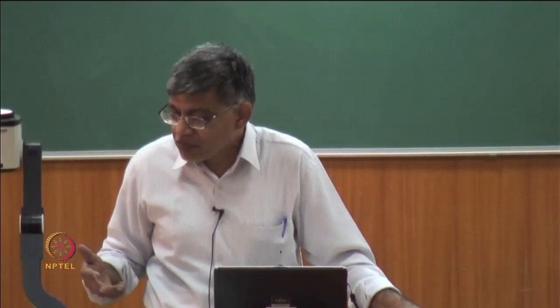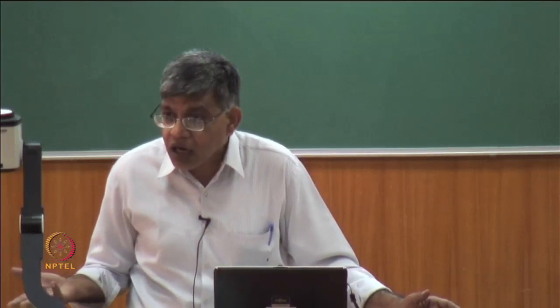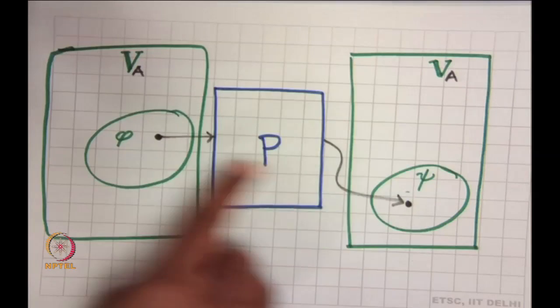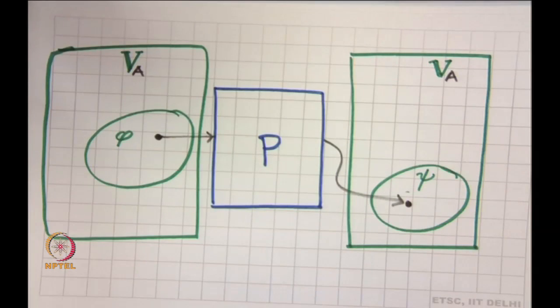Yeah. So, the values of other variables which phi and psi may not mention at all are of no interest as long as the program does what it is intended to do.